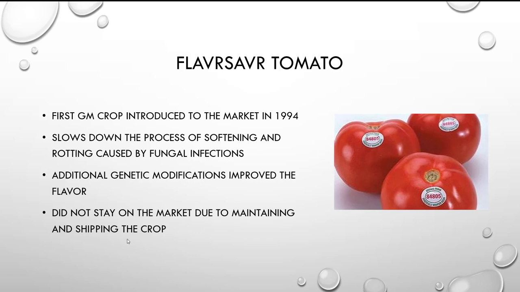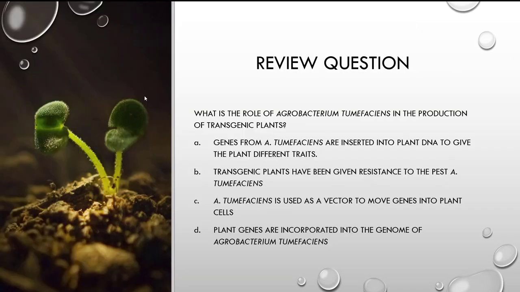All right, so we're going to do a review question. What is the role of Agrobacterium tumefaciens in the production of transgenic plants? Is it A, genes from Agrobacterium tumefaciens are inserted into plant DNA to give the plant different traits?